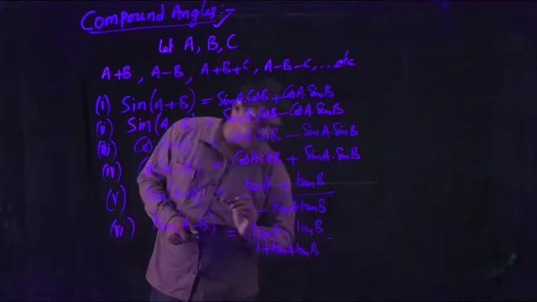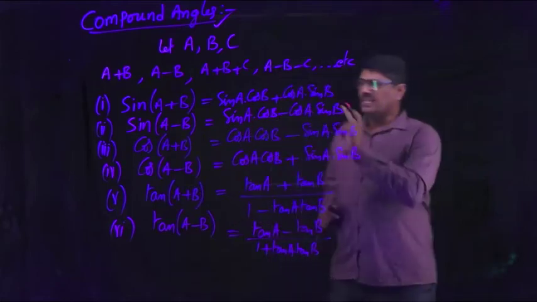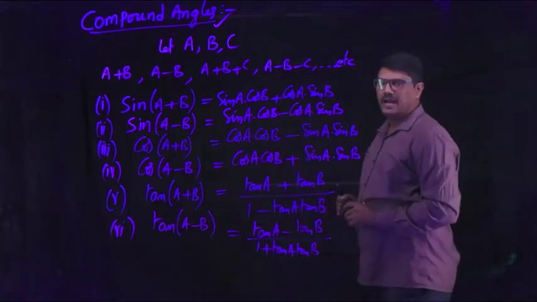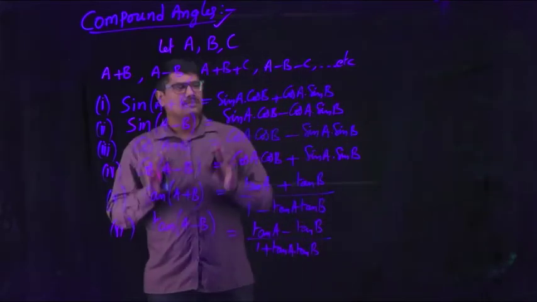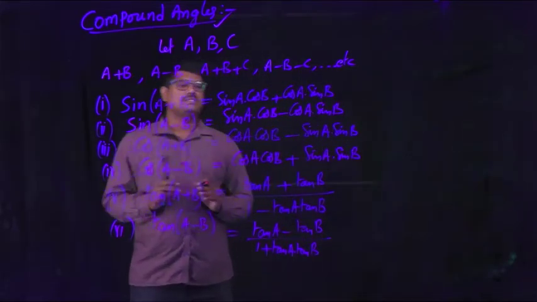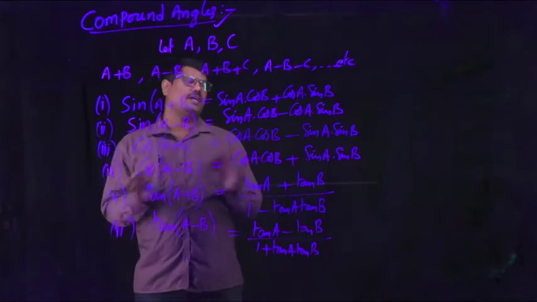So these are the formulas for sine, cos and tan for the compound angles A plus B and A minus B. In practice, it is better to remember the formula from either side.